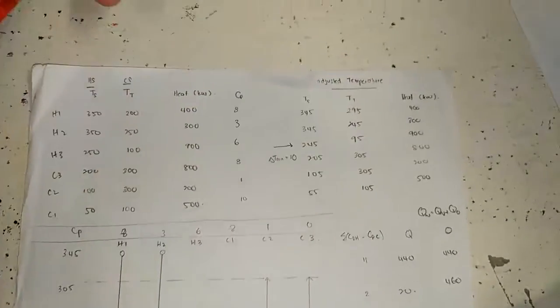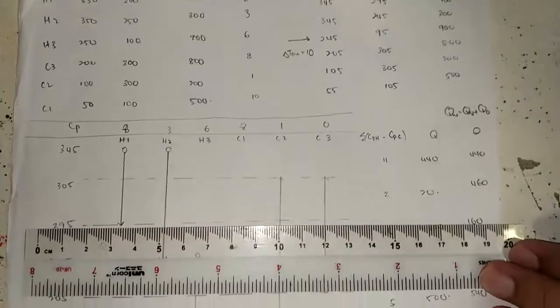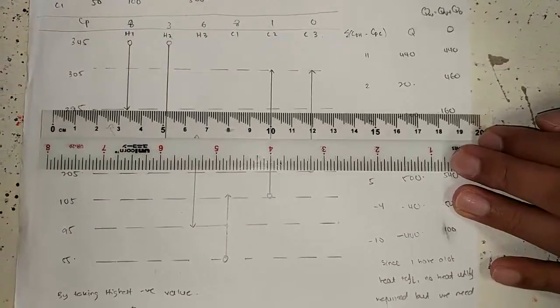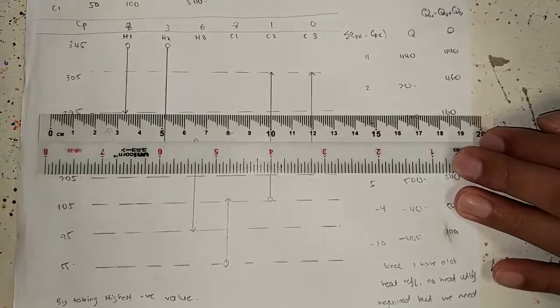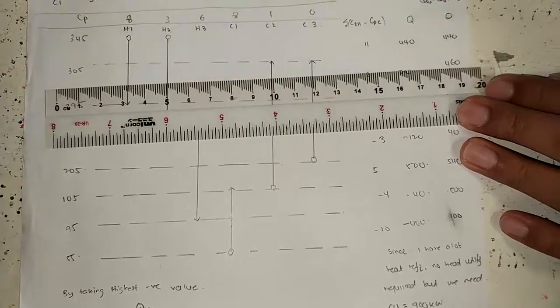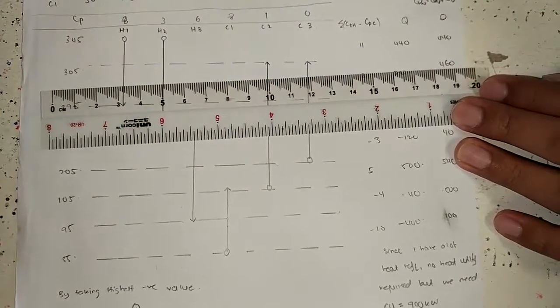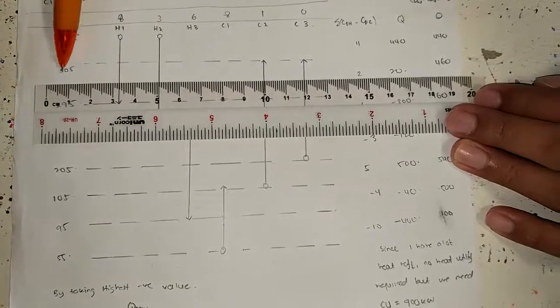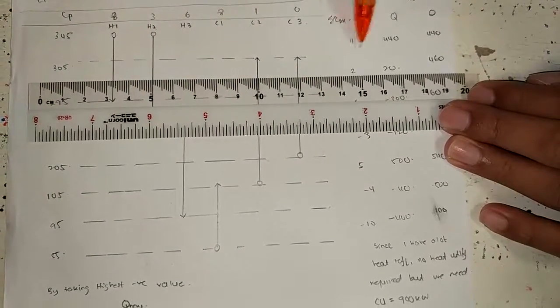The amount of heat required is the delta Cp net multiplied by the delta T interval.